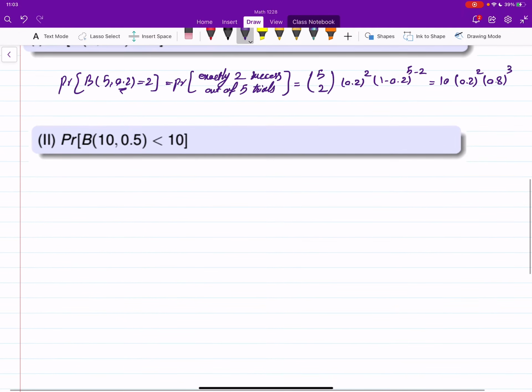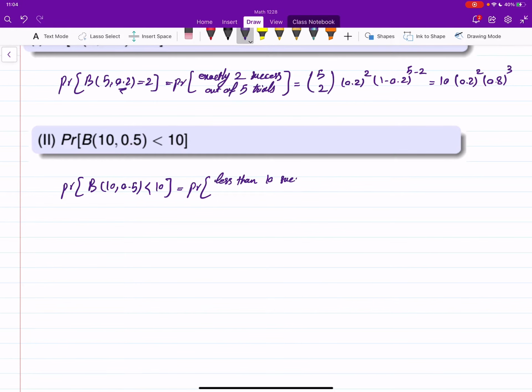How about the probability of B(10,0.5) less than 10? It means that we are looking for the probability of less than 10 successes in 10 trials with p equal to 0.5. 0.5 is like tossing a coin.